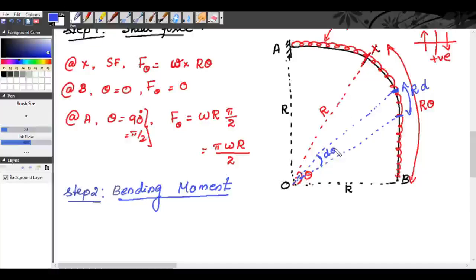Sorry, we don't take it as theta, because theta is the angle measured from OB. So we will take this as phi, otherwise it will develop some confusion. So this distance is S, and S is equal to R into d phi.